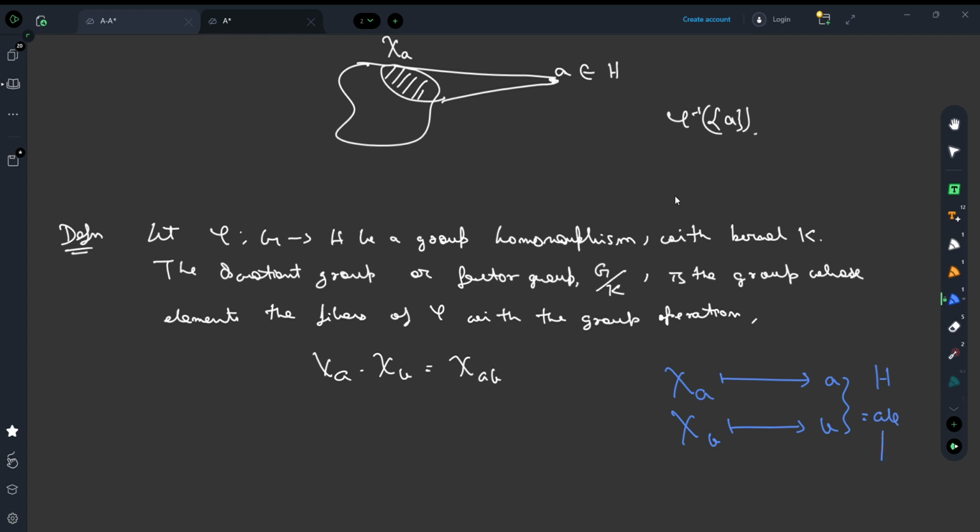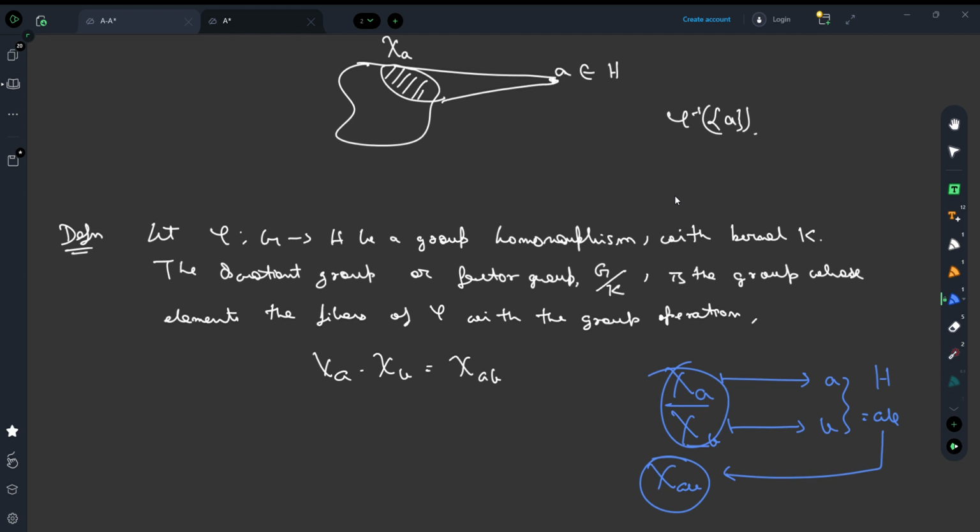Then you bring AB back to G, the fiber of AB, so it's chi of AB. So in a way, composing chi A and chi B gives you chi AB. We project them to the set H, we compose the elements, and then we bring back the fiber of that composed element. This is the way in which we had defined the concept.